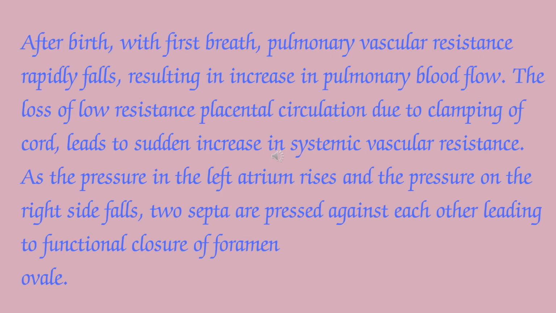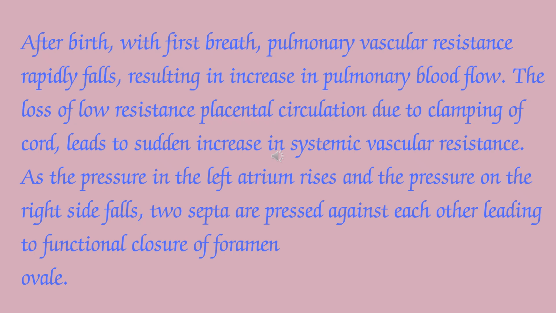After birth, with the first breath, oxygen enters into the lungs, thereby pulmonary vascular resistance rapidly falls. So it results in pulmonary blood flow increasing, and thereby the pulmonary vascular resistance decreases. Simultaneously, because of clamping the cord and cutting off the placental circulation, there is a sudden increase in systemic vascular resistance.